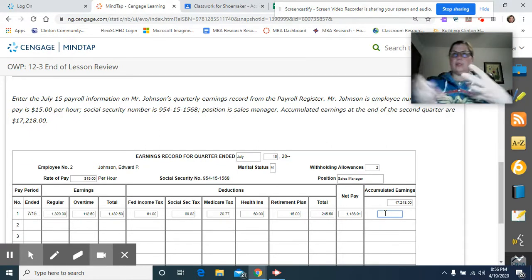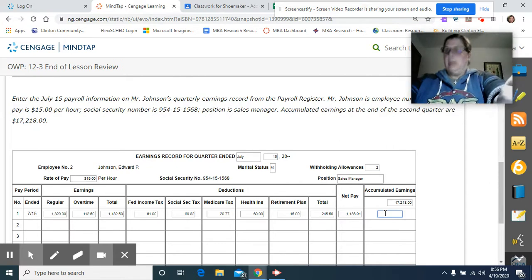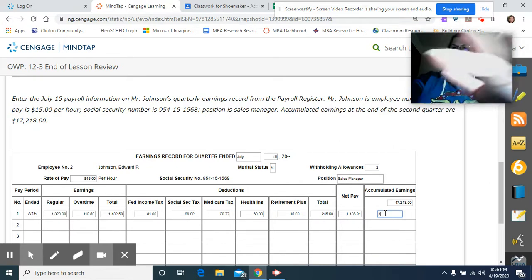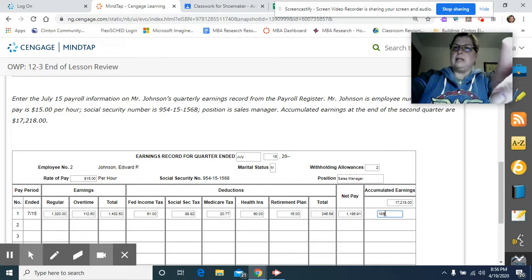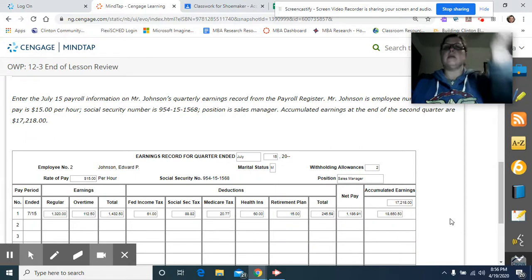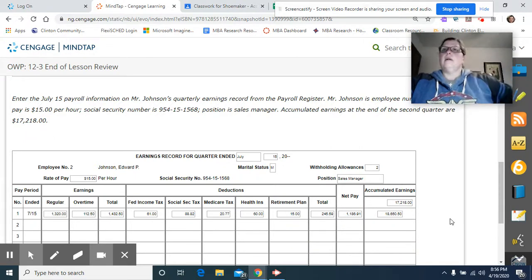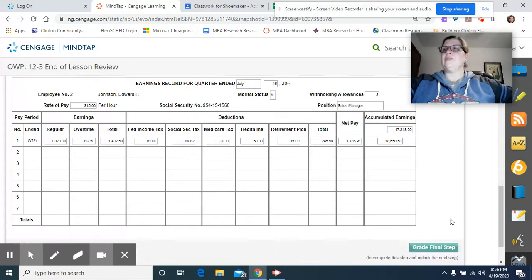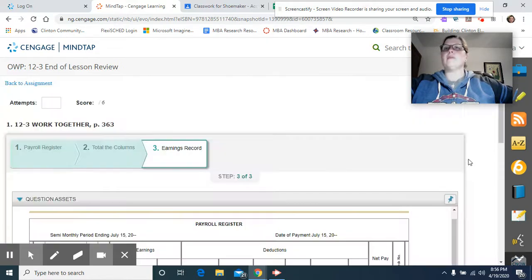This would be the year-to-date column on a pay stub. So for this, it's $18,404.41 because we're adding it. So there's that. Okay. So let's see how happy it is with me.